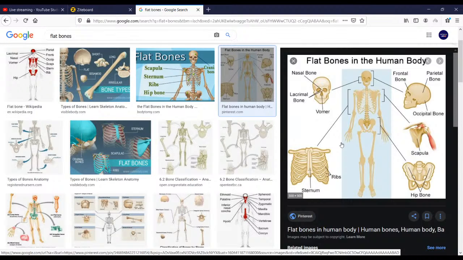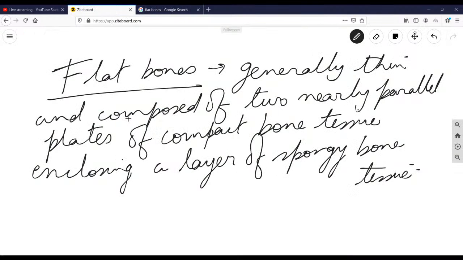But I have to teach you that later, so we leave the spongy and dense here. Just think of flat bone as looking like this: occipital, scapula, hip bone, they are the flat bones.